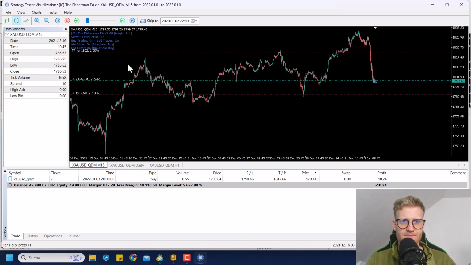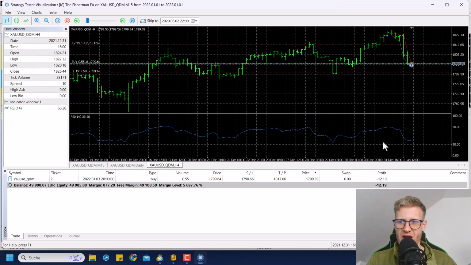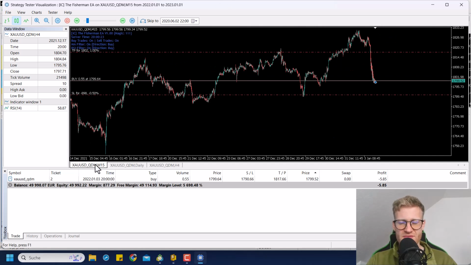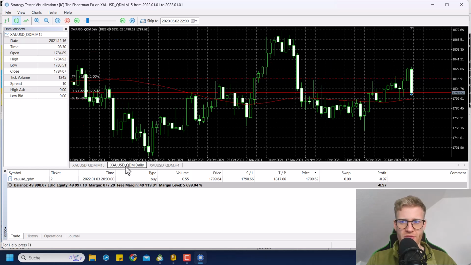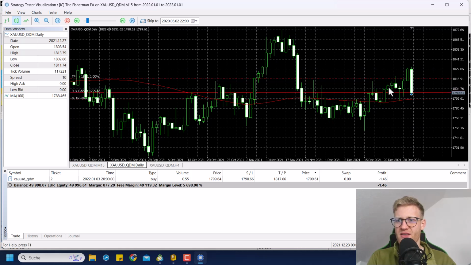So we can see all of these filters are saying that we can trade buy trades because here we are still above the moving average, and here for the RSI we can see the RSI is below 40. So all of these filters say go for buy trades, and then also on the daily chart that is still used as the main trigger time frame, we see the retracement is clearly greater than 0.5%.